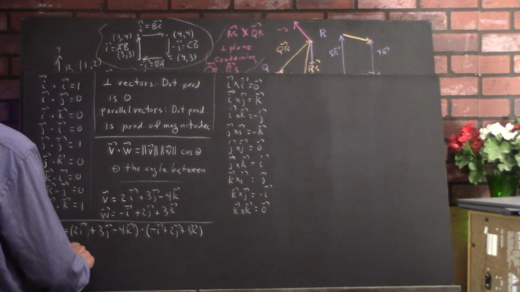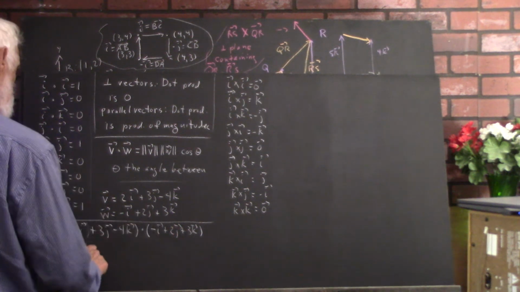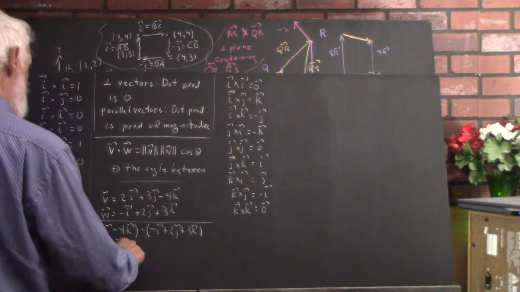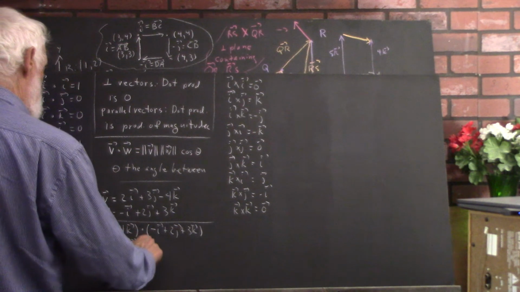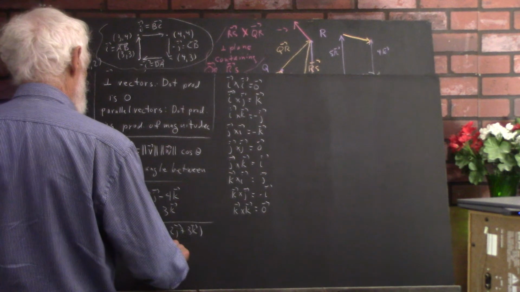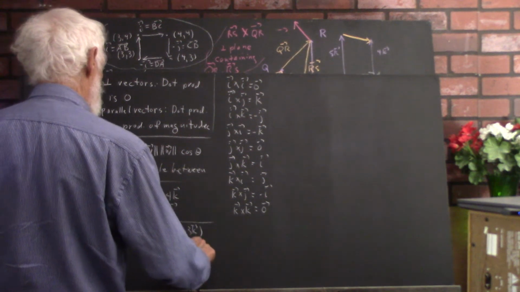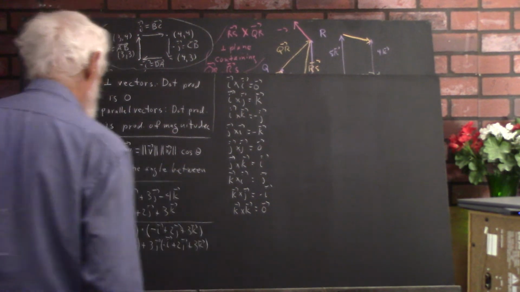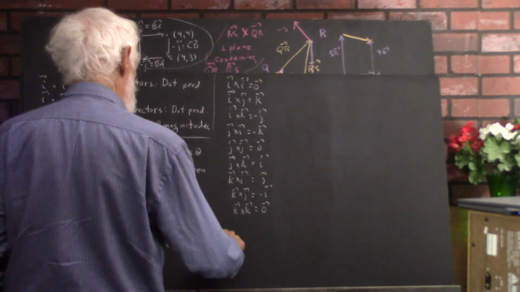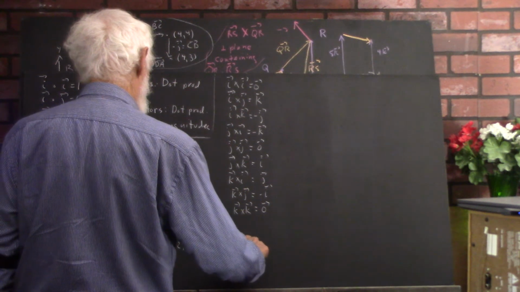That equals, by distributive law, 2I dotted with this whole vector, plus 3J dotted with this whole vector, minus 4K dotted with the whole second vector.